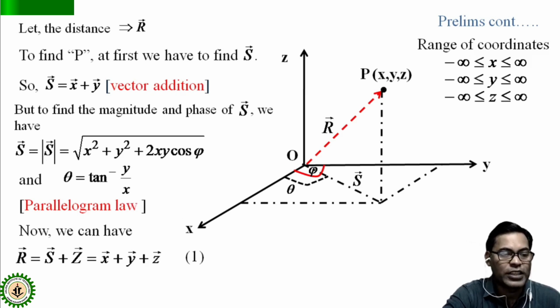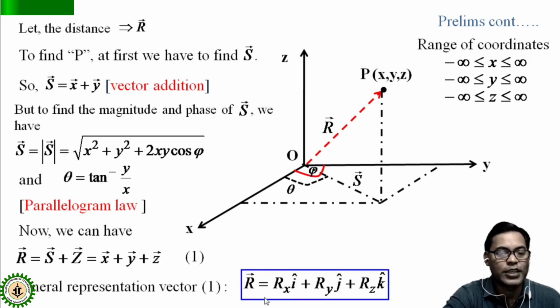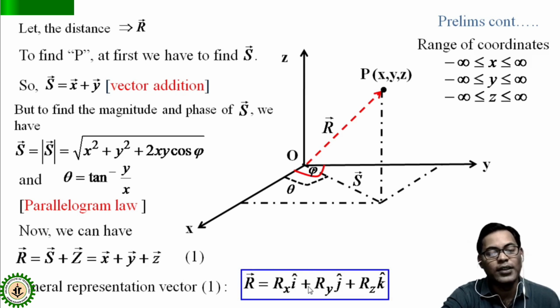Now this vector r can be represented in a general way, given by this expression. You can see that the vector r equals Rx into i plus Ry into j plus Rz into k.